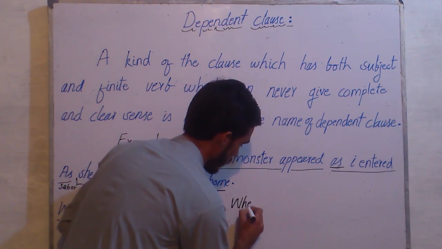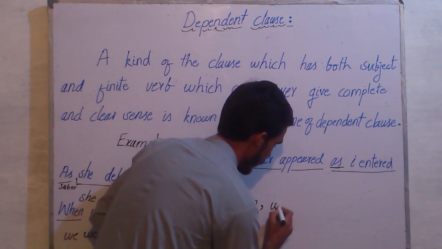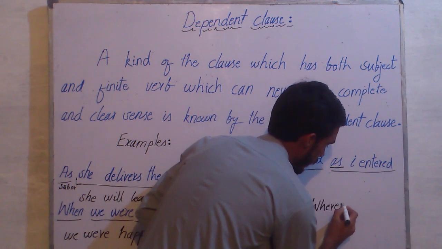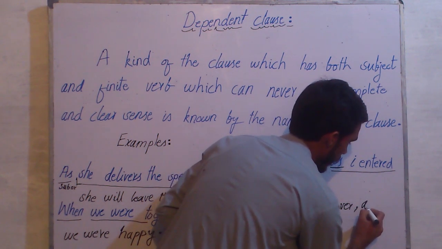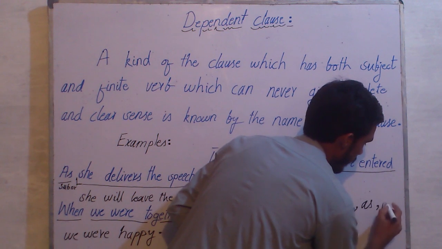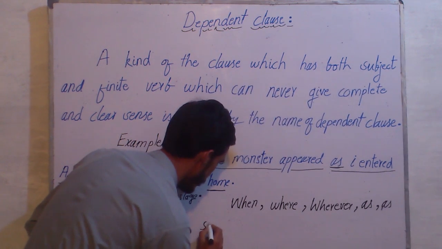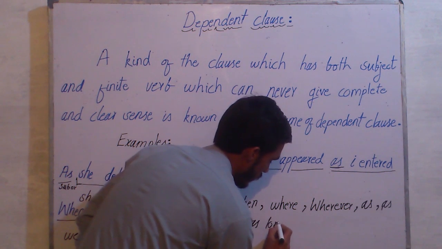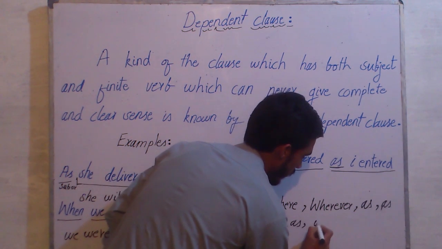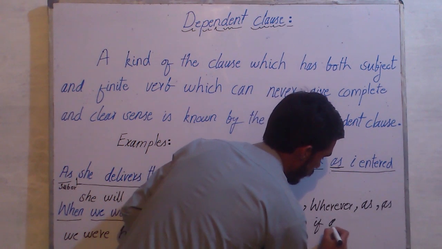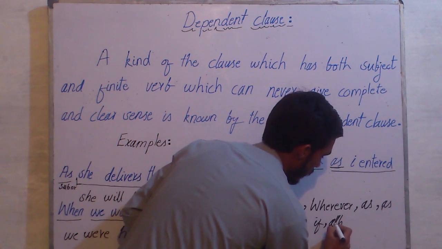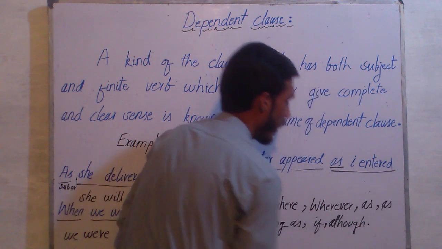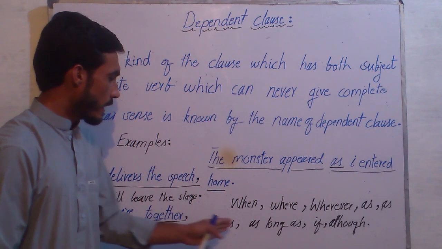When, where, wherever, as soon as, as long as, if, although, and so on. So these are the subordinating conjunctions.